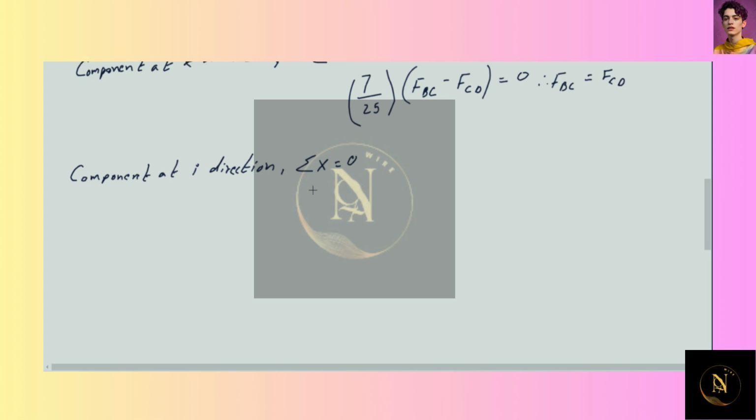So this gives us 24 feet divided by the 26 we calculated times FAC, plus again 24 divided by the hypotenuse 25 times FCB, plus 24 divided by 25 times FCD equal to 0. So here we know the value of FAC.